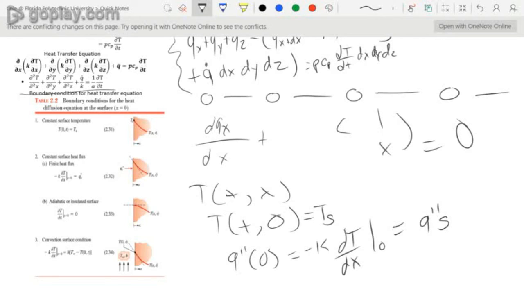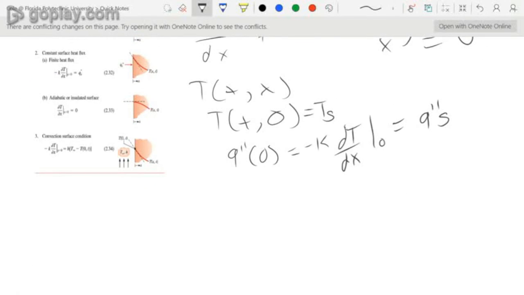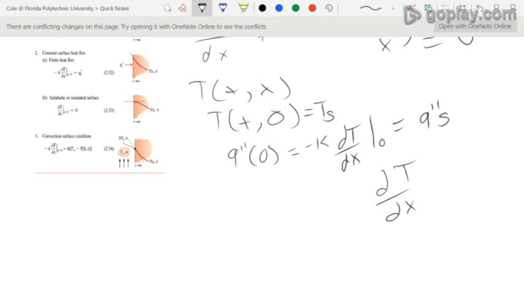When that happens, there's no change in temperature, so the change in temperature with respect to x, or whatever direction you're applying this in, is going to be equal to 0 at the initial position, because there's no change in heat. And thus that implies that the heat flux is equal to 0 as well, because of the equation.